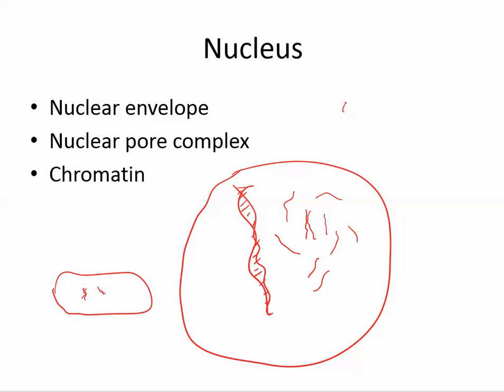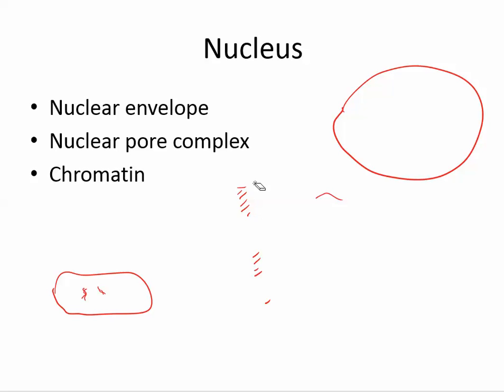Now, if we look at the nucleus, I'm going to draw, this was supposed to just be the nucleus. I'm going to go ahead and erase that. But if we draw a cell and then we put the nucleus in it, what we see is not a bunch of nicely packed chromosomes individually. We see them all unwound and all over the place.